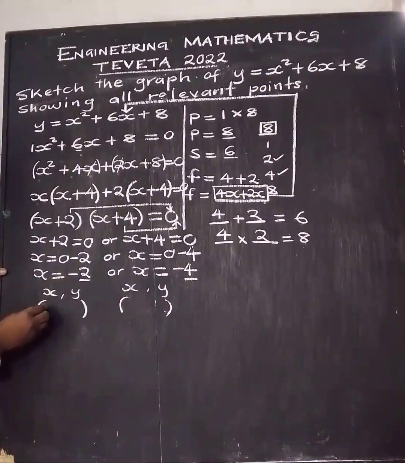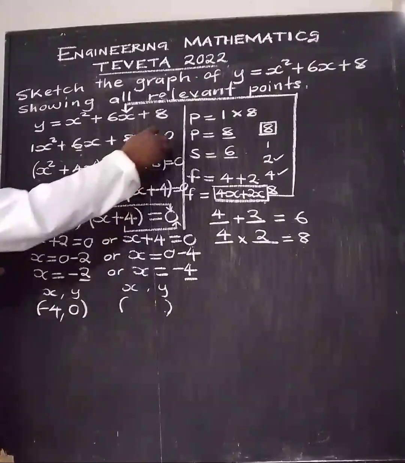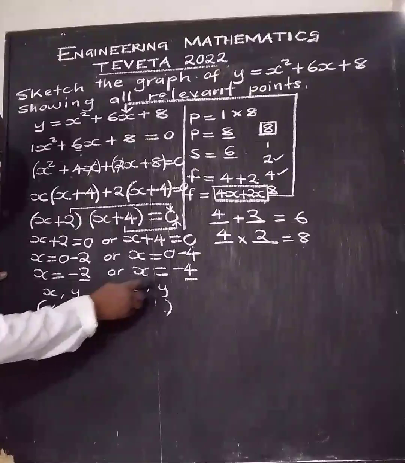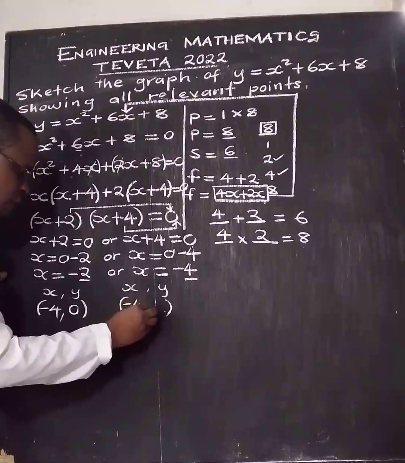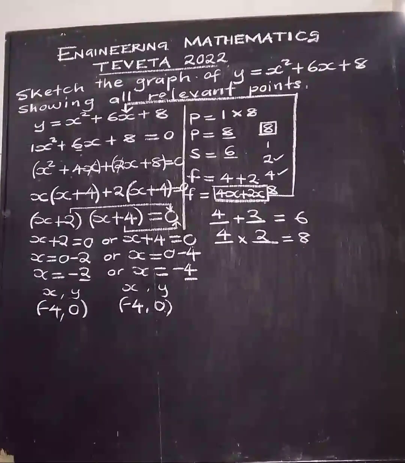In this case, it's negative 2, comma, what is y? We are saying y is 0, no wonder where there is y, we have 0 here. Then what is our x? Negative 4, comma, what is y? 0. So these are the coordinates, the points where the graph is intersecting with the x-axis.